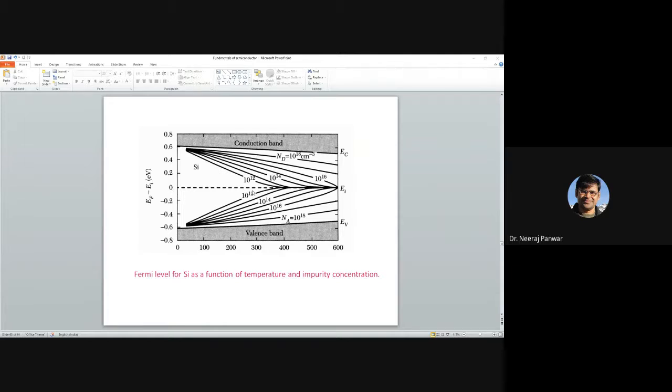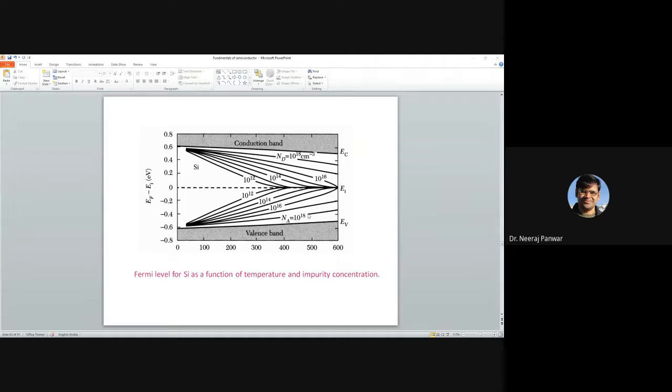You can see that the smaller the doping concentration, the lesser the temperature required at which an n-type semiconductor will become an intrinsic semiconductor, or a p-type semiconductor will become intrinsic.